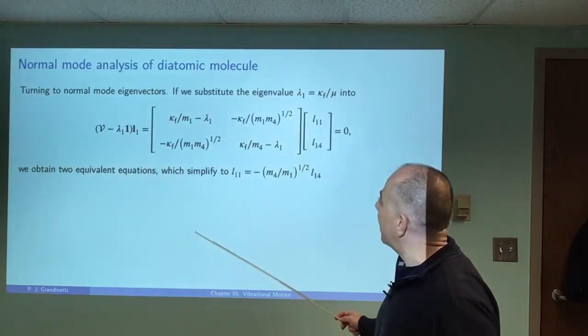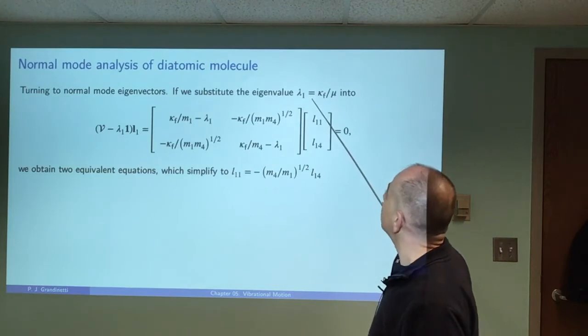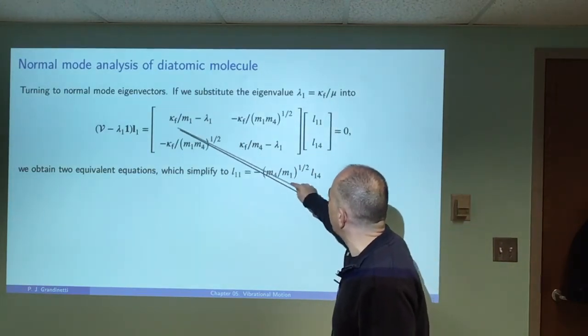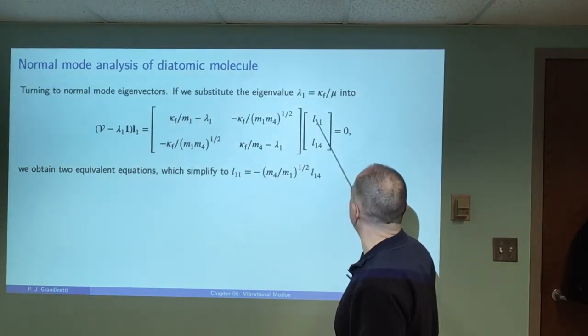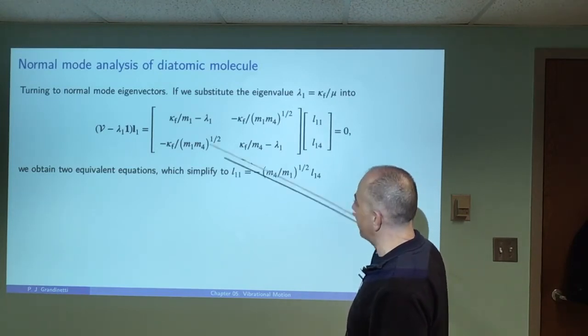Now, to get the eigenvectors, what we're going to do is go back to our equation. We're going to take our eigenvalue, subtract it from the diagonal, and expand out these equations here. So that times L11 plus that times L14 equals 0. That's one equation.